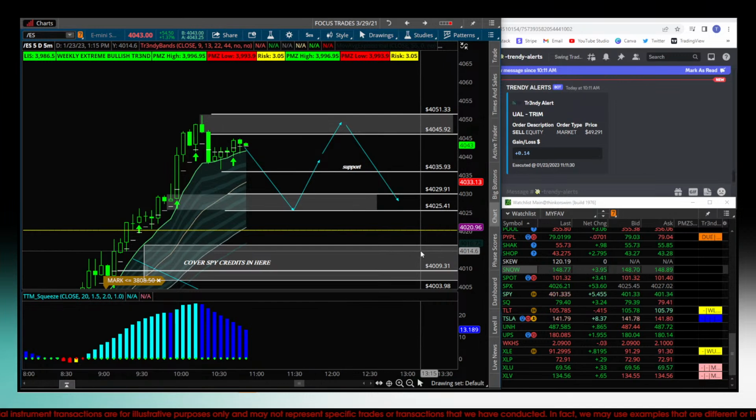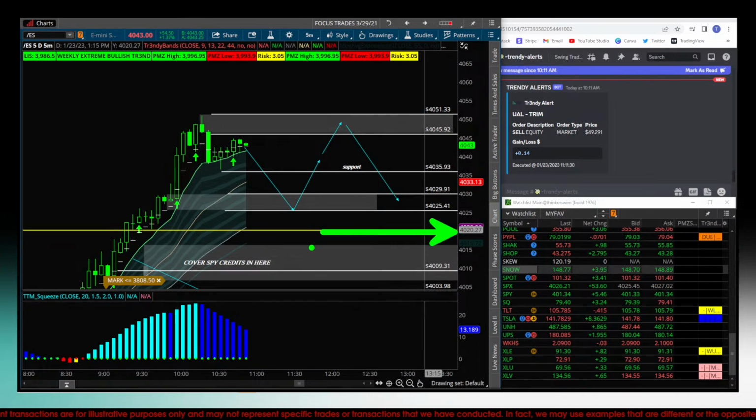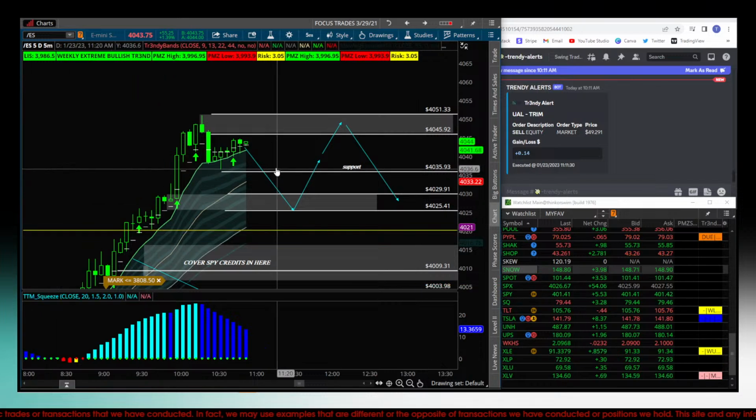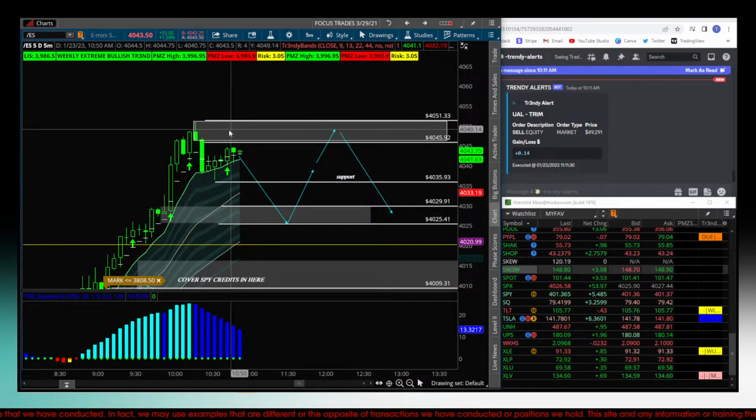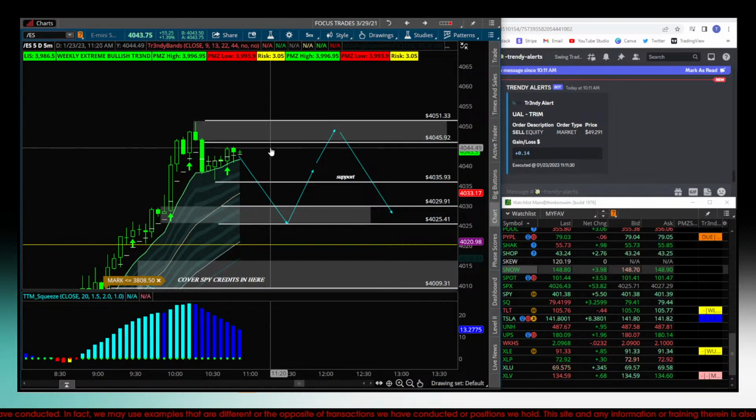Like, I wouldn't buy a 40-20 SPX put or try to pin something at 40-20 because the numbers are different. So I need to know what that number is. Just want to make sure everybody understands that. We did a SPX trade in here last week, and we did really well on that. So I just wanted to make sure we point that out.